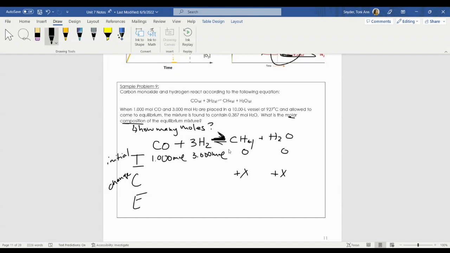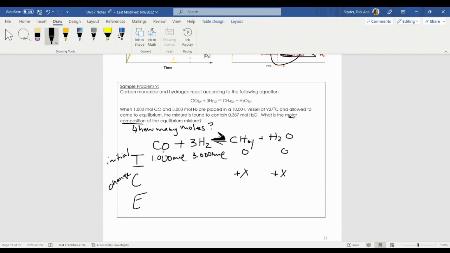So however many moles of methane is formed, we're going to form the exact same amount of water because they are in a 1-to-1 mole ratio. Of course, I'm using up my reactants in this case.